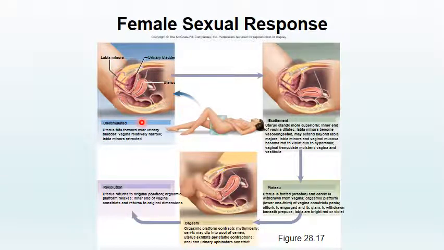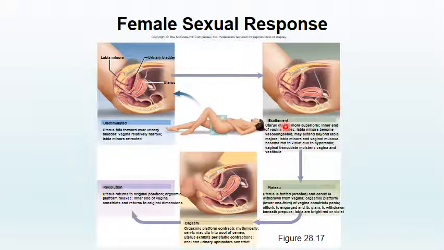This is just looking at how the female reproductive organs are associated with each other during non-sexual response. One of the main things to keep in mind is the vaginal canal is fairly narrow, and the uterus tips anteriorly over the bladder.